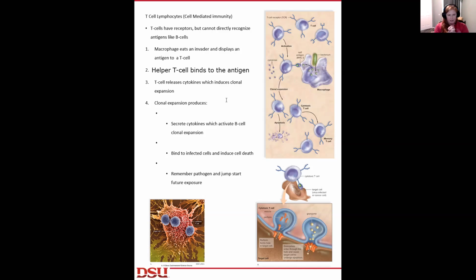When the cytokines are released and we have clonal expansion begun, we can have 3 different types of T cells produced. One, helper Ts, which personally I refer to as the sidekick T cell, because the most awesome T cell is the cytotoxic or the killer T cell.